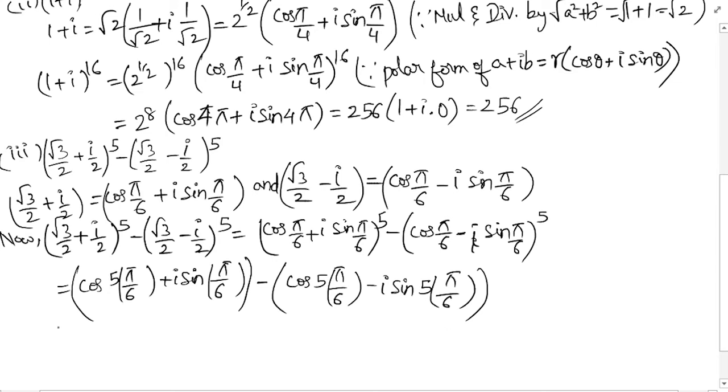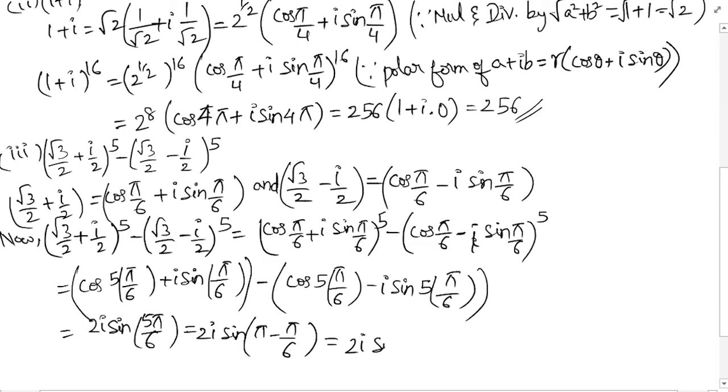Okay, which is again equal to 2i sin 5 pi by 6, which is equal to 2i sin (pi minus pi by 6). This is again equal to 2i sin pi by 6, which is equal to 2i of 1 by 2, which is equal to i. So here is our solution.